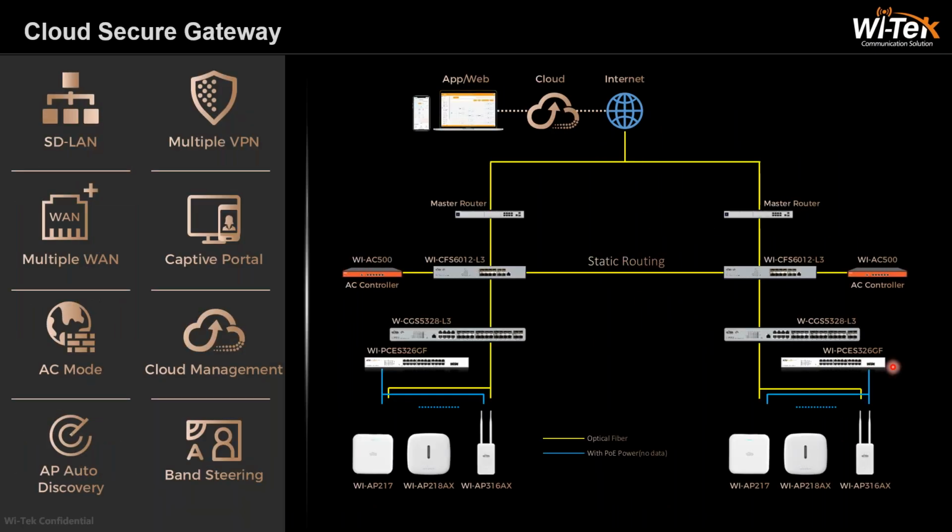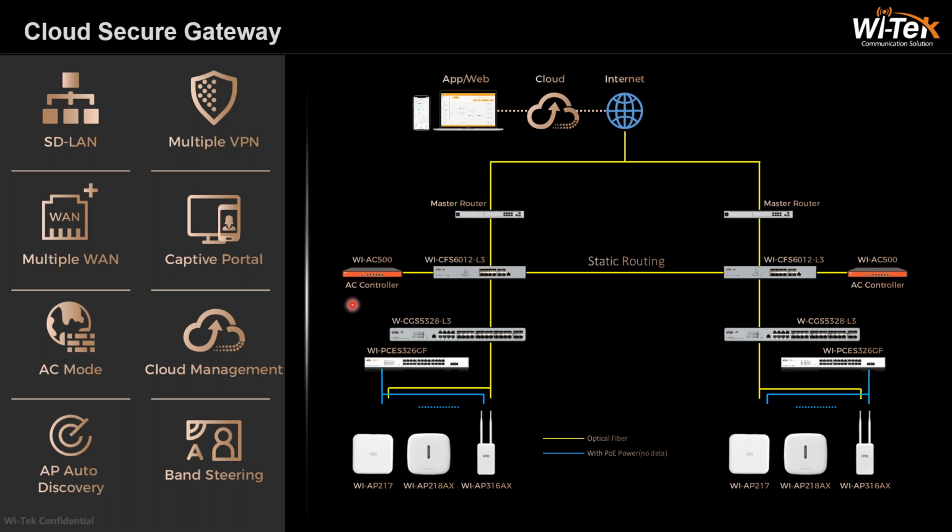This one is a very typical network architecture in our USA project. And the AC500, which we already introduced before, can manage a maximum of 500 APs. So this is a very large scale project.